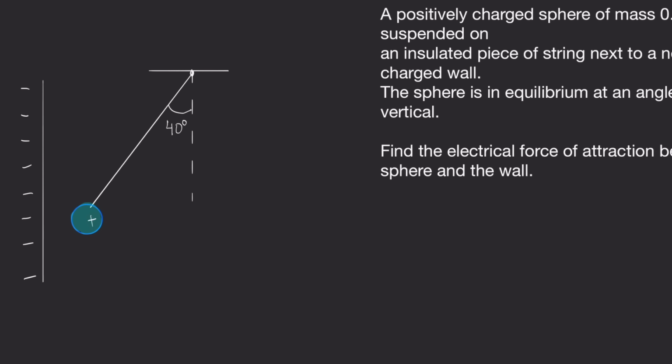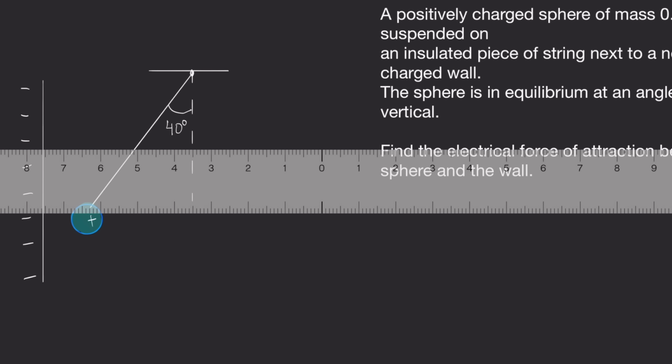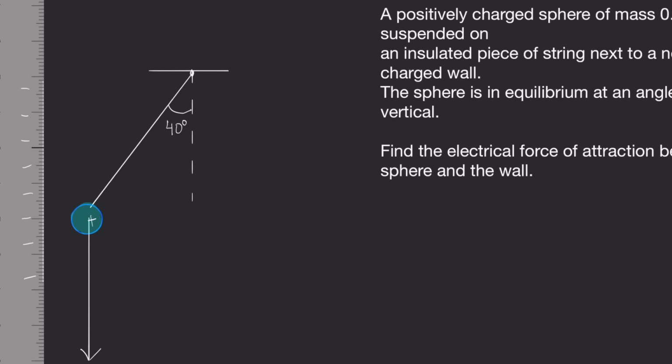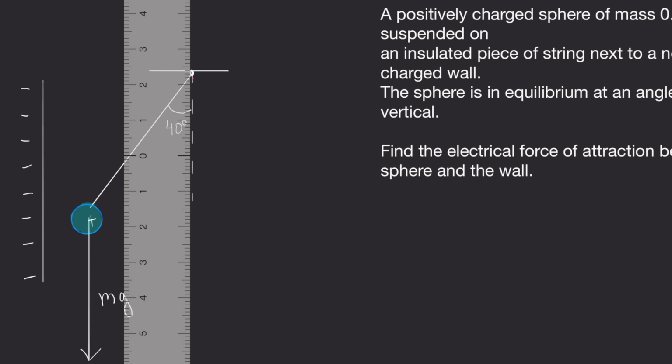It's always worth resolving the forces to see what's actually happening in this problem. Now, first of all, there's going to be a downward force due to gravity, which is the weight, and this here will be acting pretty much straight down. Let's call that mg. Now, in order for the sphere to be in equilibrium, the upwards force of tension will have to be equal to that.